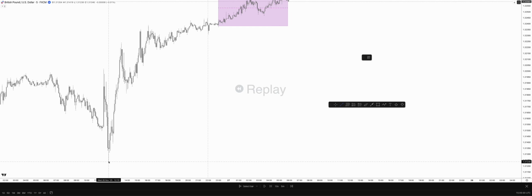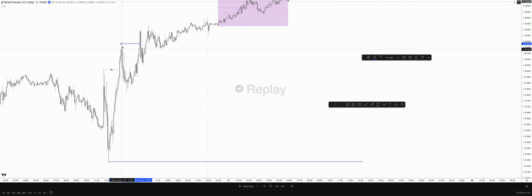So you can see here that if I mark this out over here, we have a body break. So for me, this here would be a 5-minute previous day liquidity. Now, as we go from left to right, some people may be marking this out. However, if we follow it almost like a roller coaster, we go up, okay, we come down, this here is a wick break, so there is no significant liquidity here.